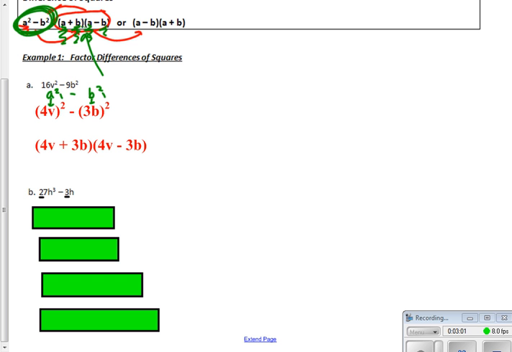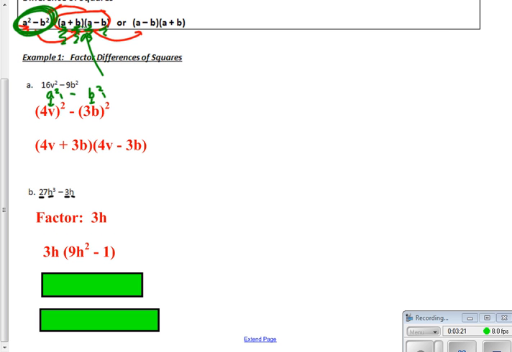I can factor something numerically out of this. I could also factor a variable out of both terms. I can factor a 3 out of 27 and 3, and I can factor an h out of h cubed and h. So basically we need to factor out a 3h. When you factor out your 3h, you have 3h, and in parentheses you have 9h squared minus 1.